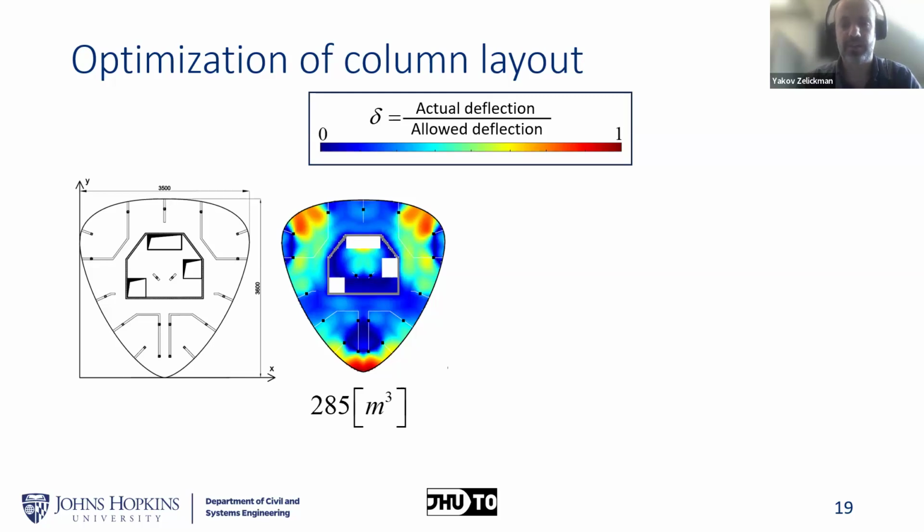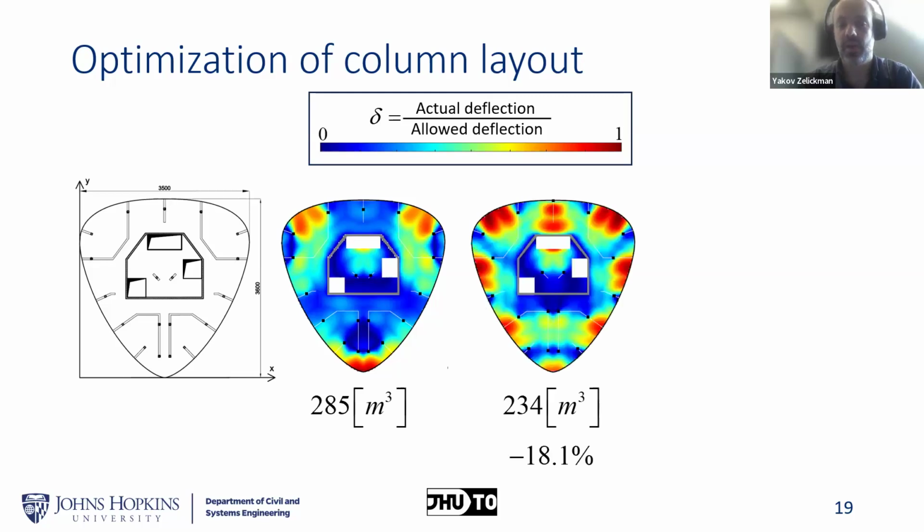And then we say, okay, let's let the optimization do its thing. First, we allow the columns to move only along the partitioning walls, and therefore this change in the design does not change anything in terms of the performance or the architectural service of this floor.